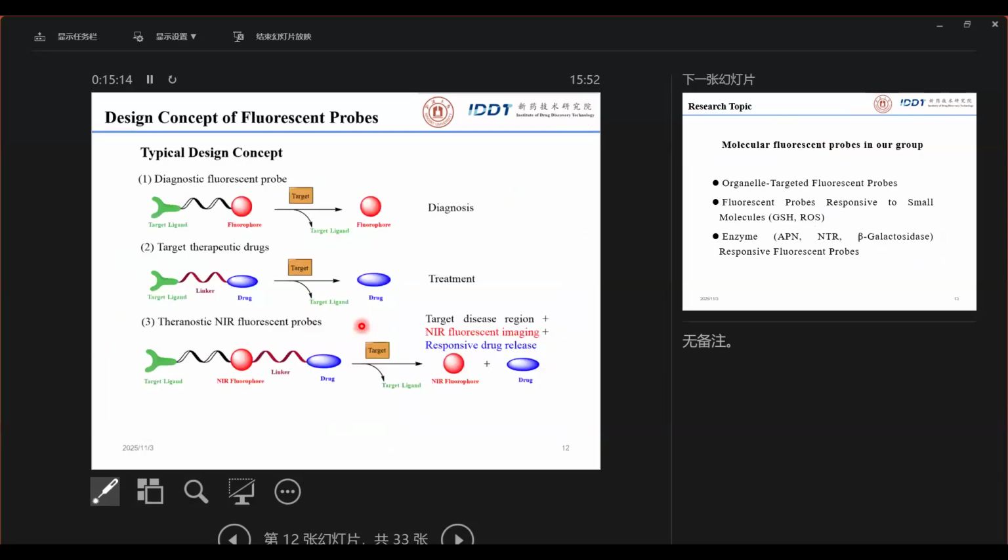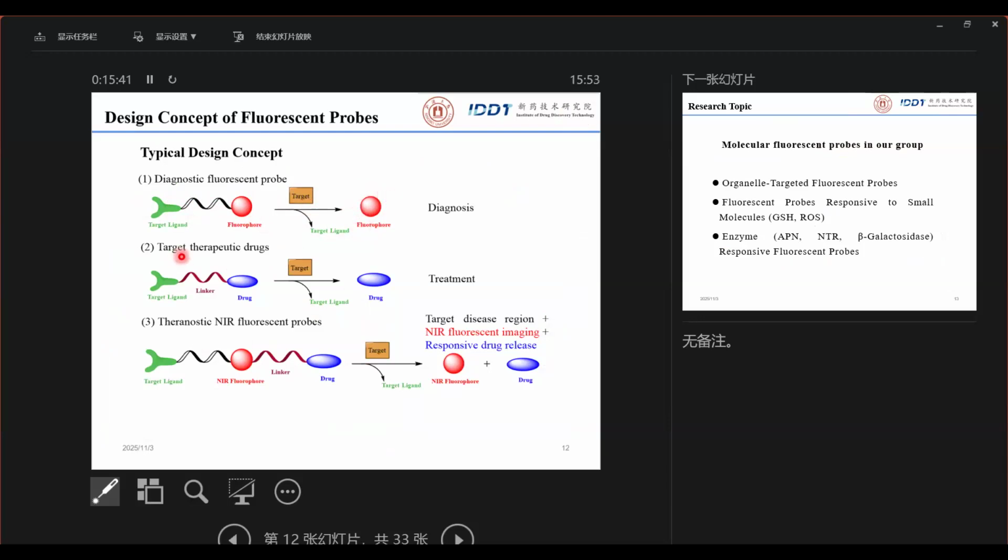So these are three typical developing strategies. The first is for diagnosis. With the target ligand, as we said in the beginning, linked to the fluorophore, when it targets specific cells or tissues, we remove the target ligand and release the fluorophore so we can see where it is.